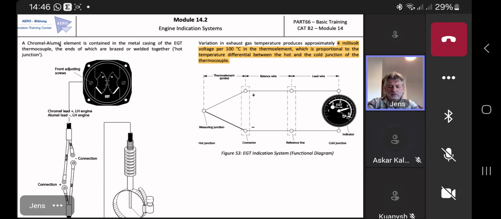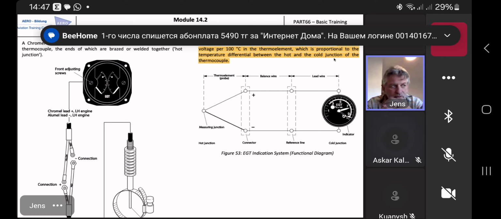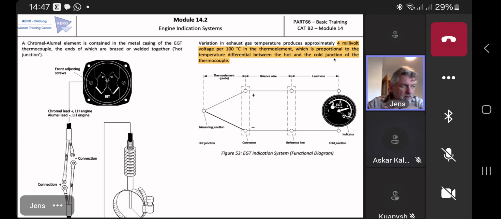They found out that for about every 100 degrees Celsius, these so-called thermo elements will create 4 millivolts. So all you have to do now is to transfer this millivoltage into a higher voltage to have an indication in the EGT system. So here, for this case, we have the measuring junction, our thermocouple.